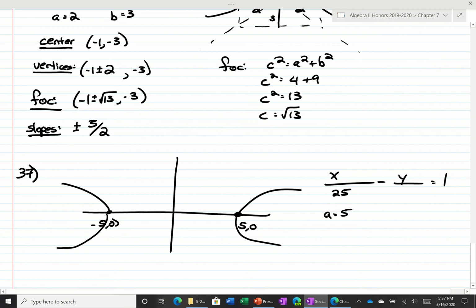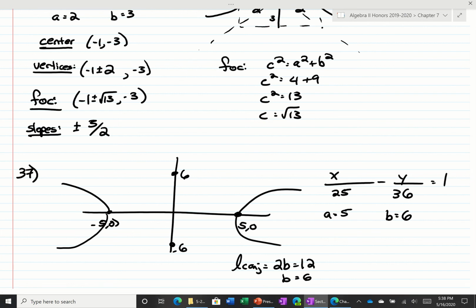The conjugate axis has a length of 12, so that means that it goes up 6 and down 6. Because the length of the conjugate axis is 2b, and that's 12, that means that b is 6. So b squared is 36. And as far as the center, well, if you take the center of the vertices, you get 0, 0. So that's the equation for number 37.